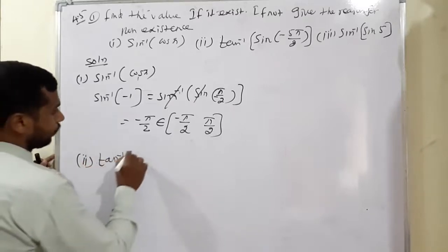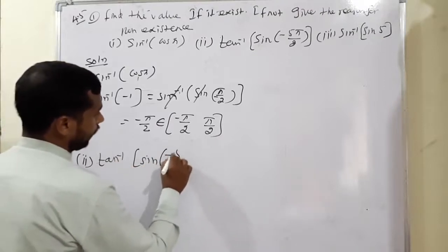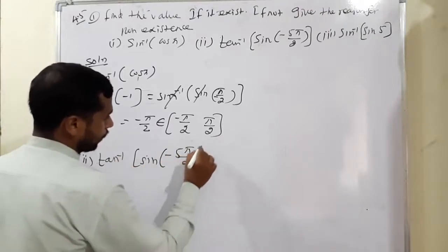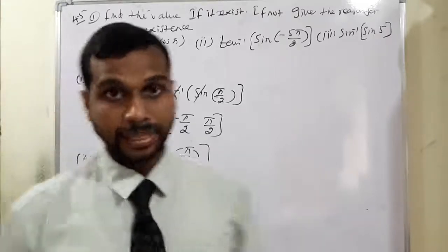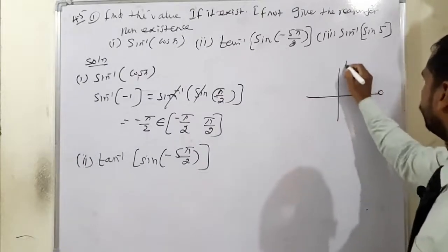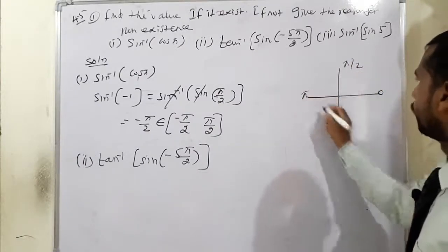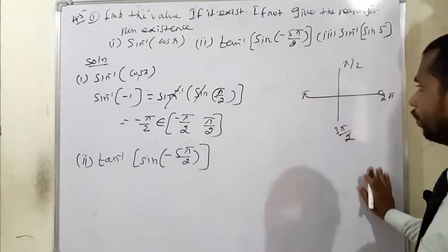Tan inverse of sine of negative 5 pi by 2, isn't it? Already we know sine of minus theta is equal to minus sine theta. How? Look at there: 0, pi by 2, pi, 3 pi by 2, 2 pi, 4 pi, it's moving on.